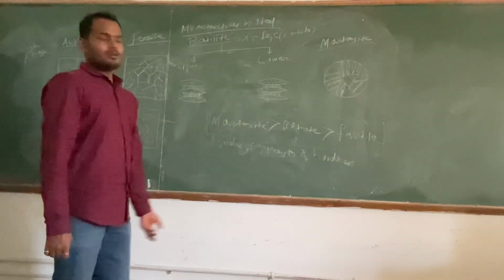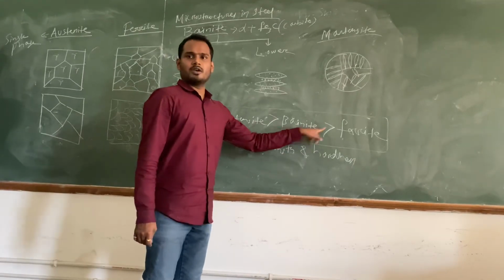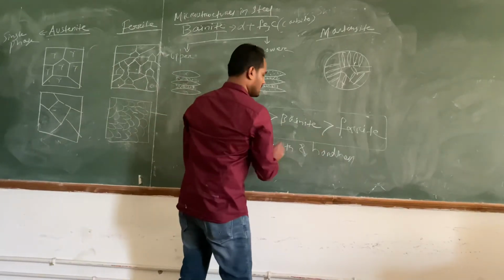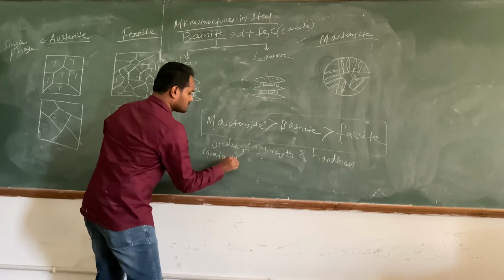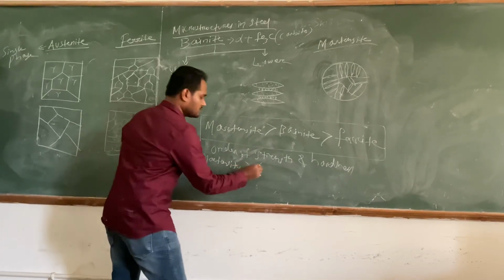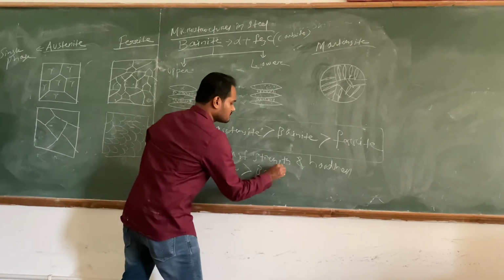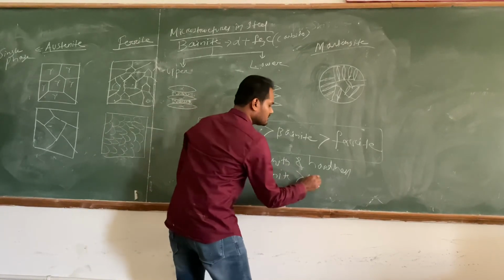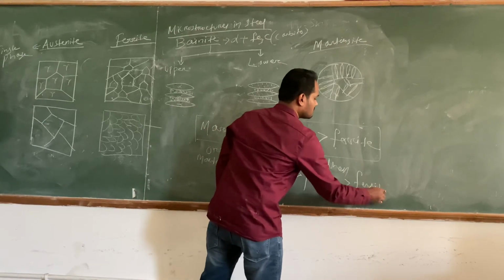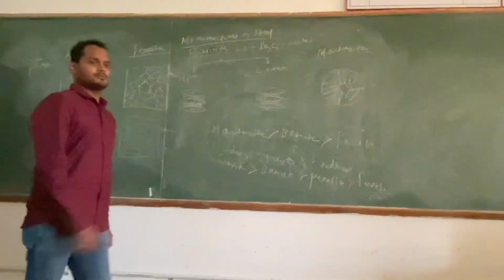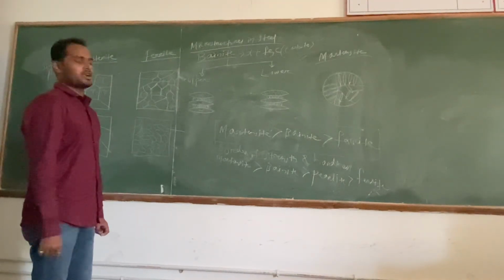If pearlite will be there, then after bainite we have pearlite. So martensite first, maximum hardness, then bainite comes, then comes pearlite, then comes ferrite. Is it okay? This is the order of strength and hardness.